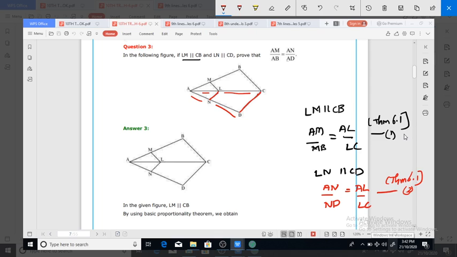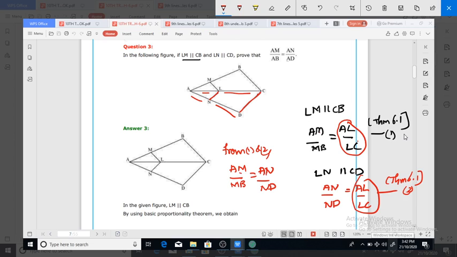Observe the LHS here, AL by LC, here also AL by LC. If AL by LC is equal to AM by MB, and AL by LC is equal to AN by ND, then from these two you can easily say AM by MB is equal to AN by ND.